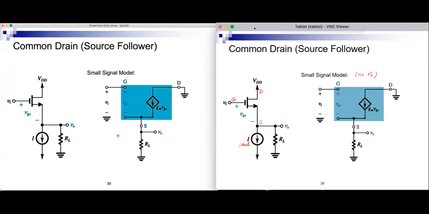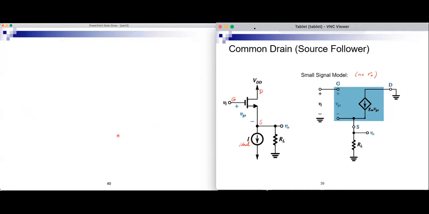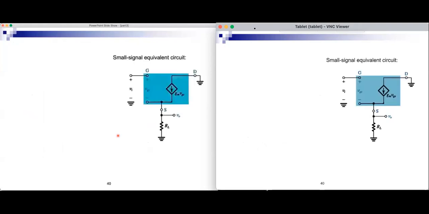Let's calculate the small signal quantities of interest for this amplifier: input resistance, voltage gain, output resistance. Again, the small signal equivalent circuit. The input resistance by inspection: since the current here is 0, there's no input current, so VI over II will be VI over 0, and therefore it's infinite.